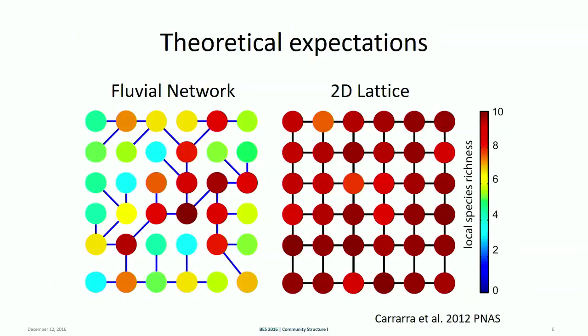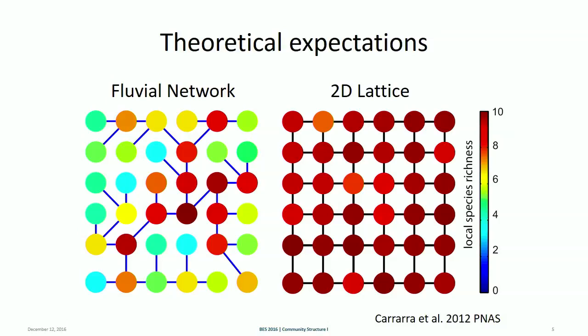There are models also on this topic, so just from the different connectivity in these networks, you can see that more central nodes within the network show a higher diversity compared to more headwater sites or sites at edge.